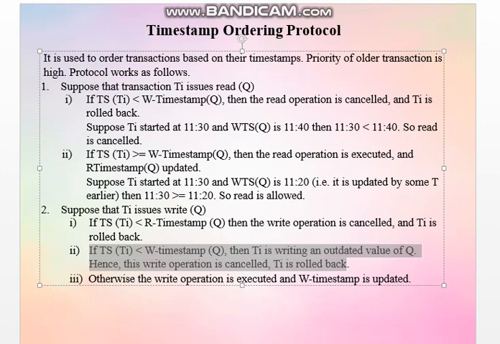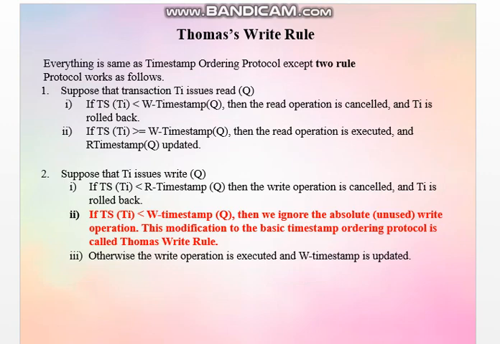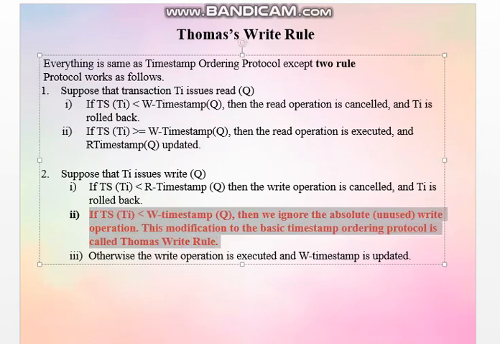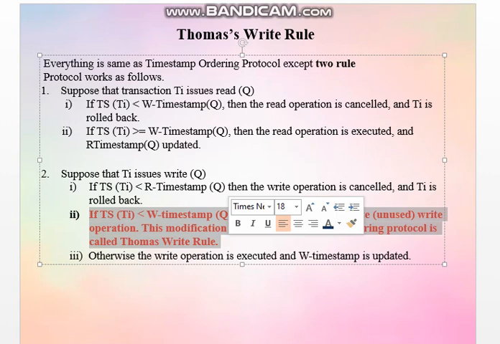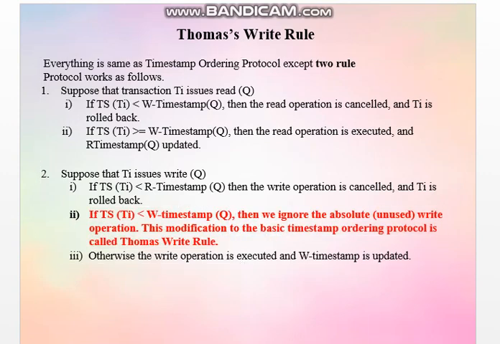But if we change that and just ignore that write operation and execute the rest of the instructions, that modification is called the Thomas Write rule. This is the rule of writing.